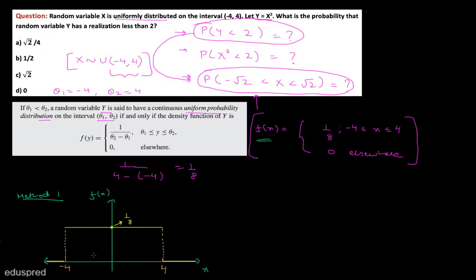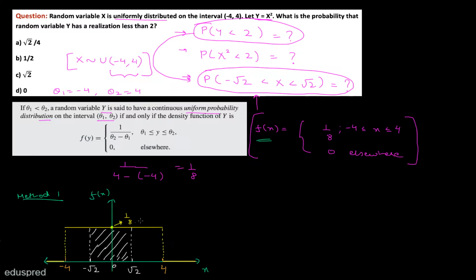So -√2 will be somewhere over here, and √2 will be somewhere over here. This is just a rough figure for the visualization, so my labeling may not be 100% right. We have to figure out the probability that x lies between these two, which is equivalent to saying that we have to figure out the area of this region.